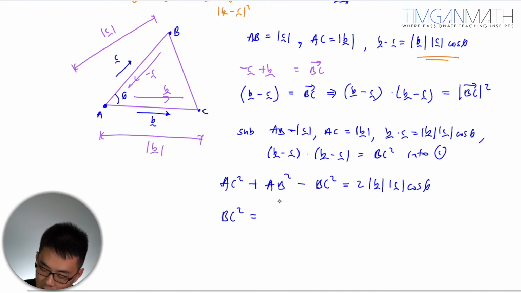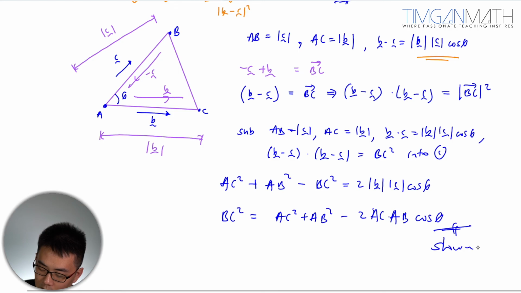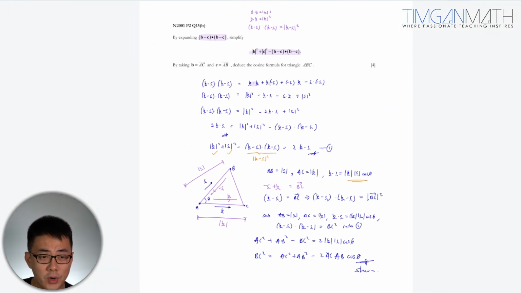So BC squared is equal to AC squared plus AB squared minus 2 mod B mod C cosine theta, which also equals, since mod B is just AC and mod C is just AB, AC squared plus AB squared minus 2 AB AC cosine theta. Okay, so that's how you do this question proficiently.